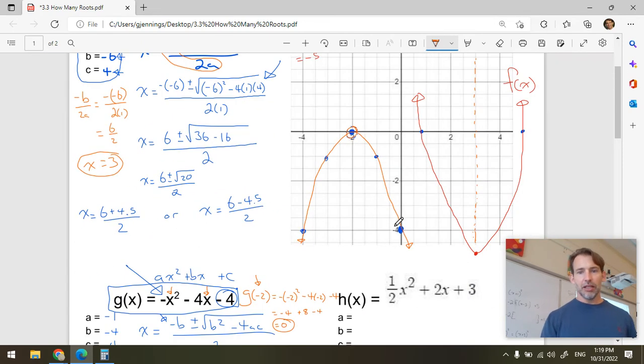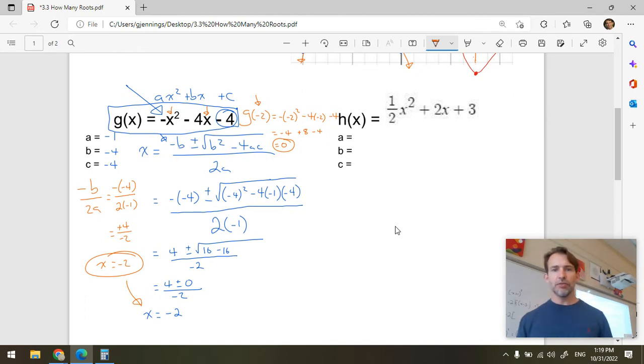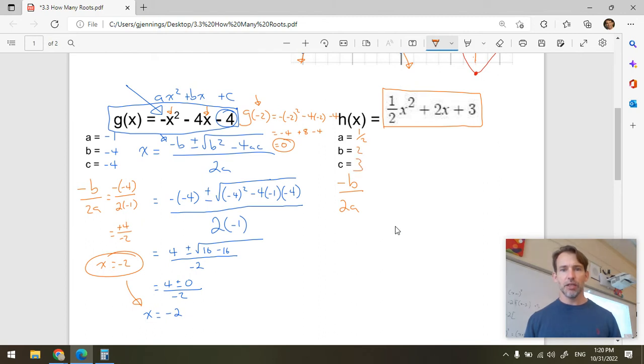And for a change of pace, let's now take a look at h of x. So h of x, let's first try and find where this one's vertex is. We can do this in any order. So I'm going to look at negative b over 2a to find the axis of symmetry for this function here. My a value is 1 over 2, my b value is 2, and my c value is 3. So let's input those in here.